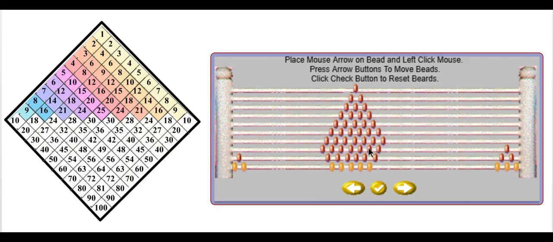So we count 1, 2, 3, 1, 2, and we know that for our ones, we will have 6. So our solution is 10, 20, 30, 40, 50, 56 for 7 times 8.